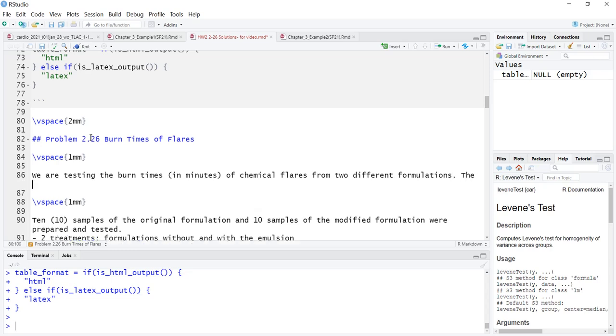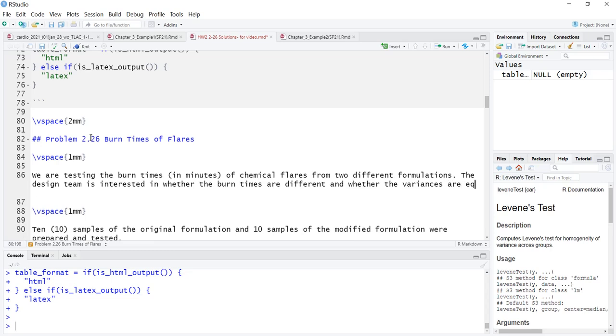And then I'm saying the design team is interested in whether the burn times are different and whether the variances are equal for the two formulations. Okay.